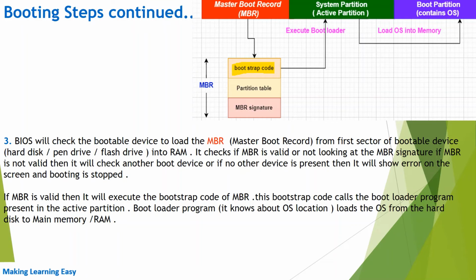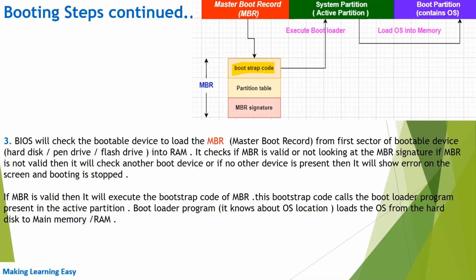If again it fails, BIOS will check another boot device. If there is no other boot device present, BIOS will stop the booting process and will show the message on the screen.